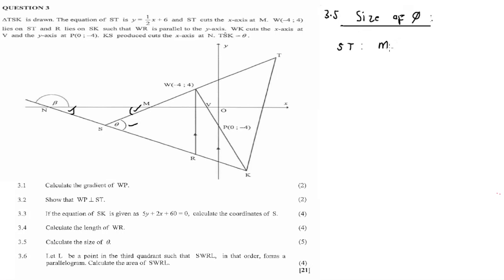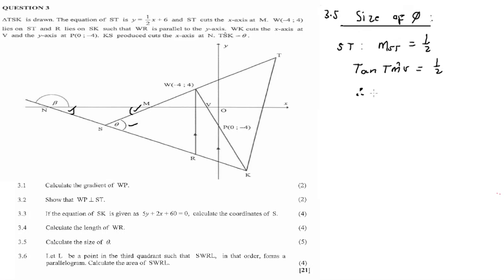The gradient of ST is equal to 1 over 2, from the equation of ST. Tan of the angle of inclination, so let's say angle TMV, is equal to 1 over 2.